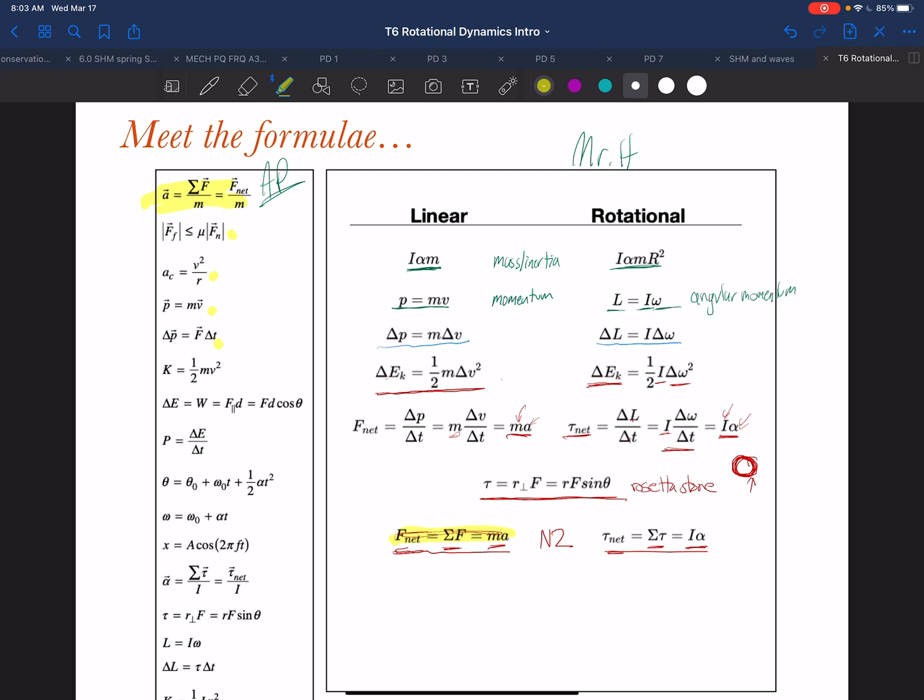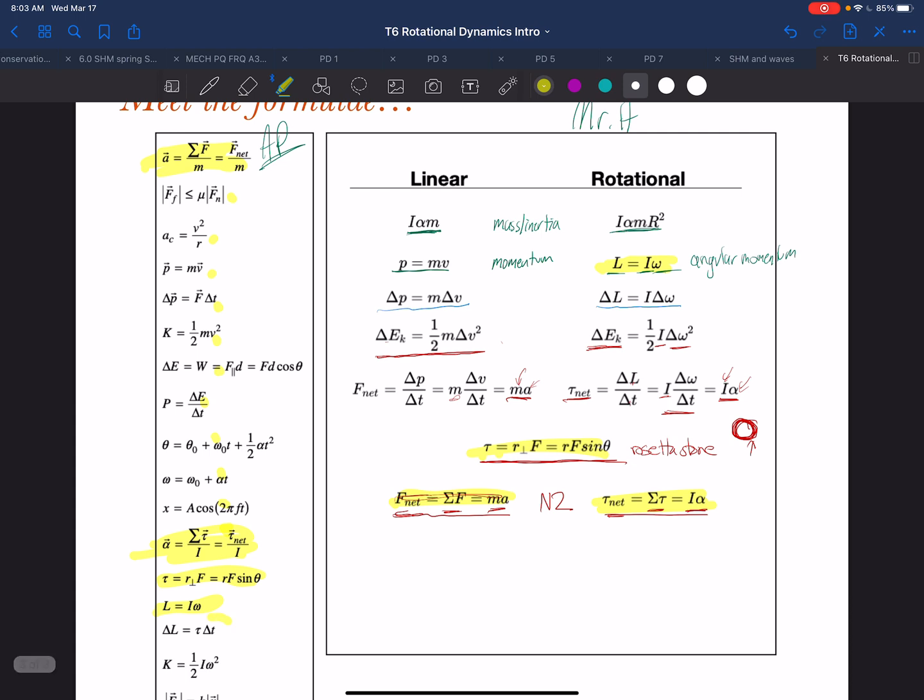And as we go down the list, we have the equivalent here. We have the Rosetta Stone. We have the definition of angular momentum.